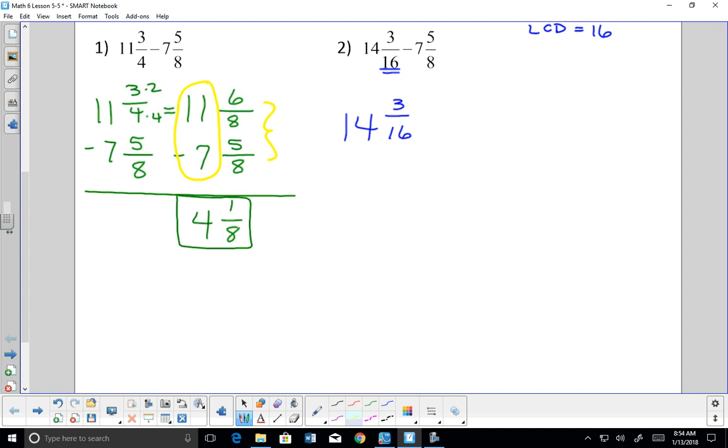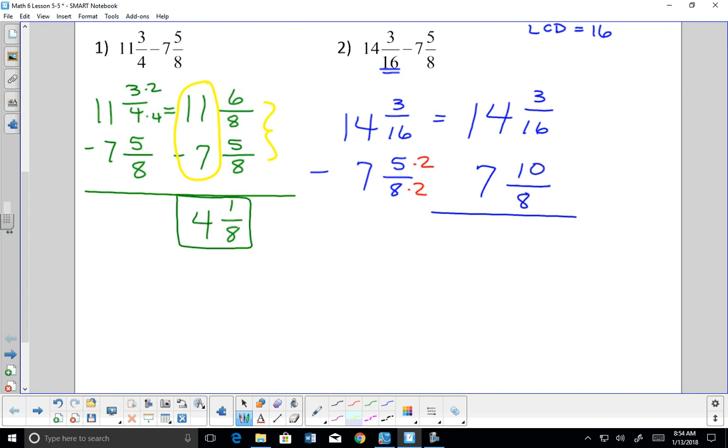So if I have 14 3/16 minus 7 5/8, I need to rewrite these fractions with the common denominator. So 14 3/16 stays. 7 5/8 has to change into 16ths. So I know 8 times 2 is 16, 5 times 2 is 10. So I now have 14 3/16 minus 7 10/16.